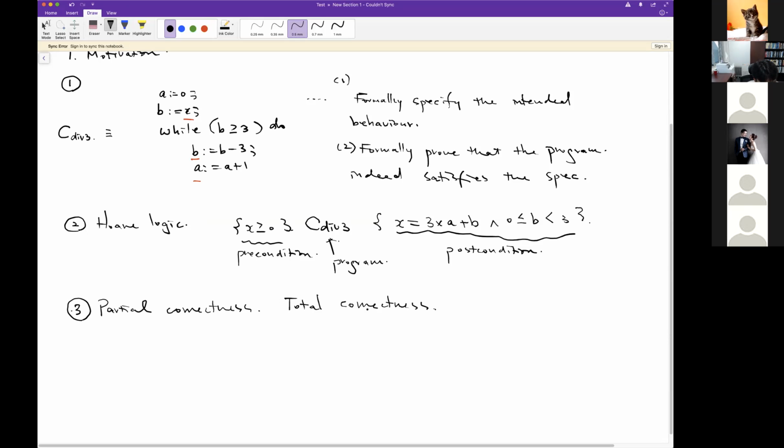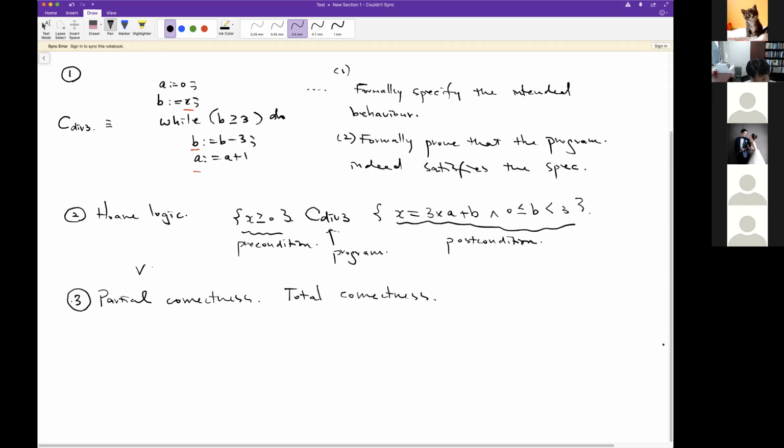We will talk a little bit about the total correctness specification, but we will focus mostly on the partial correctness part. Total correctness is more difficult, but I will just tell you what the concept is, but our main focus will be on partial correctness. Okay, so now where should we start?